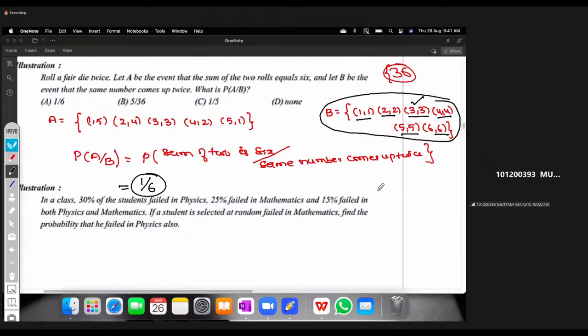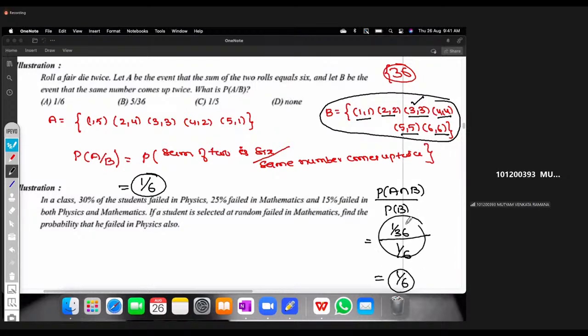Or you can write it this way: the probability of A intersection B divided by the probability of B. So what is the probability of all the equal numbers out of 36? 6 are favorable, so 1 by 6. For A intersection B, the common case is 1 out of 36. So this is 1 by 6.